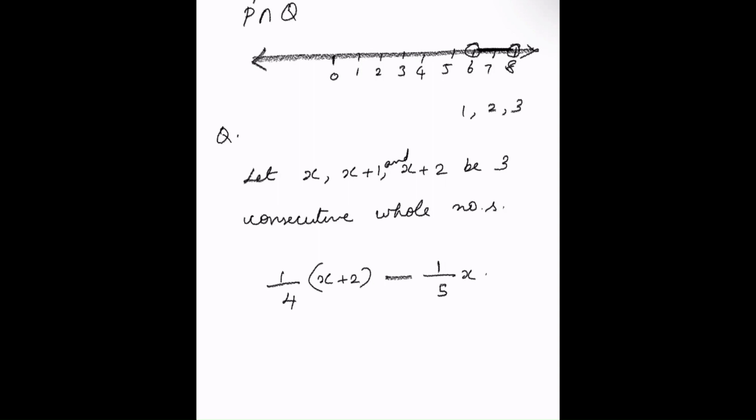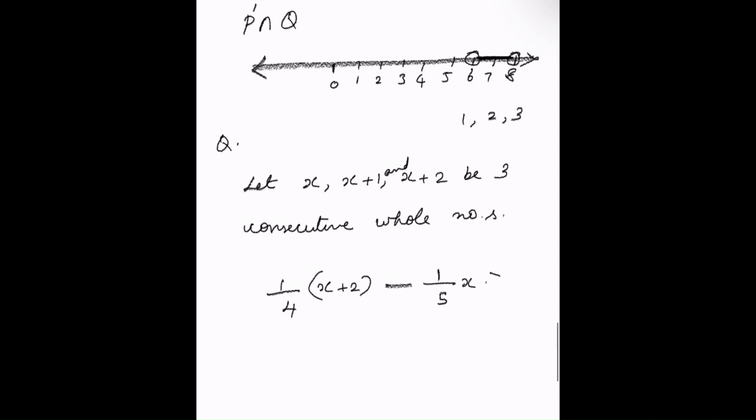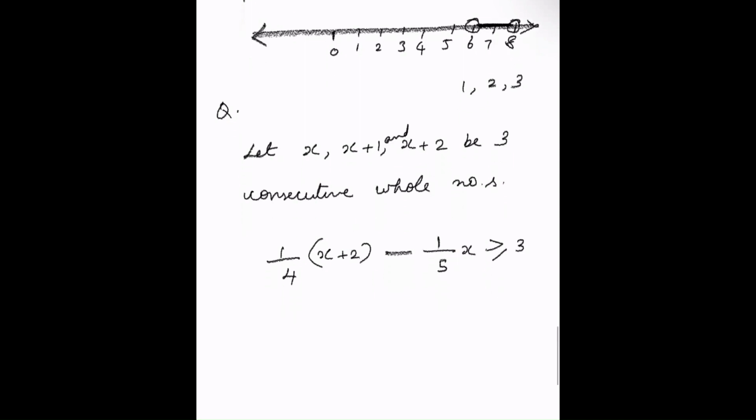What is the meaning of at least 3? It is going to be greater than or equal to 3. Difference between two numbers is at least 3 means it can be 3 or more. So you will put this symbol greater than or equal to. Got it? And then you solve it.